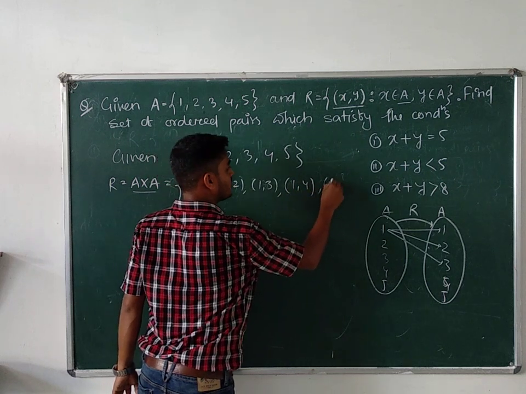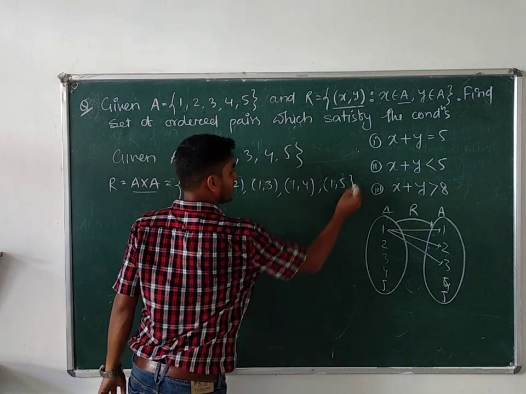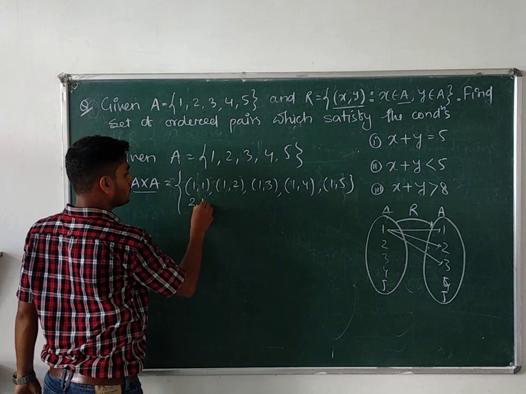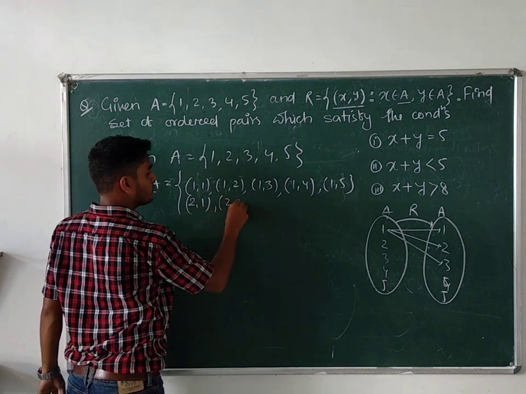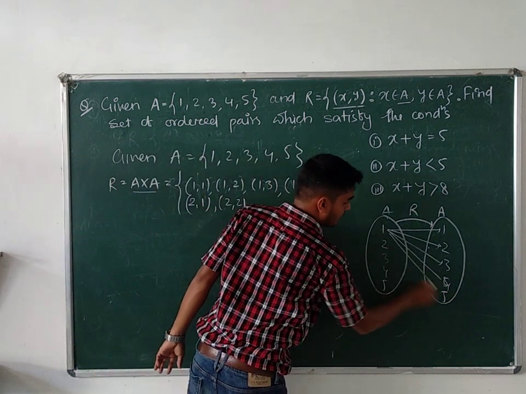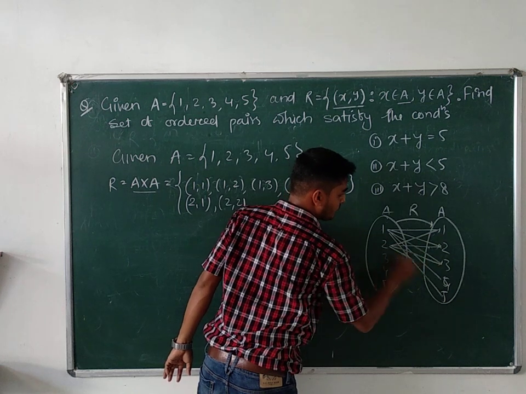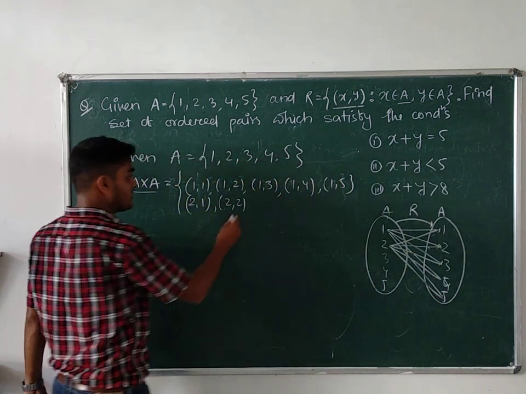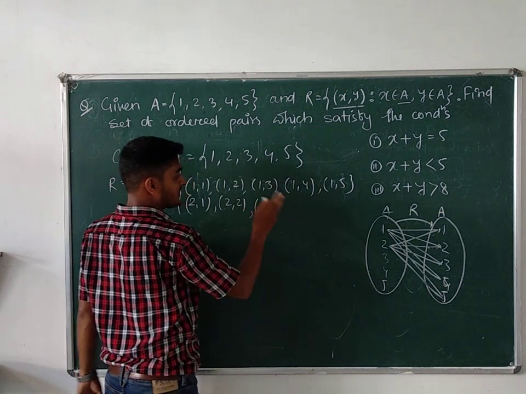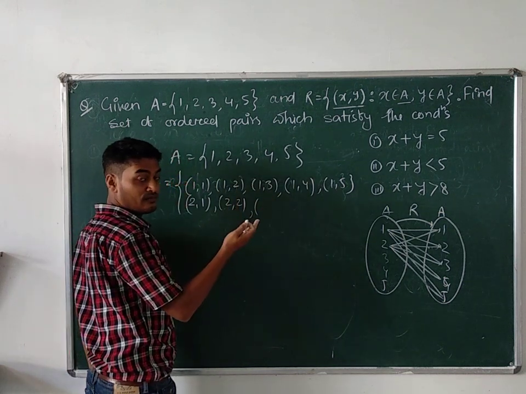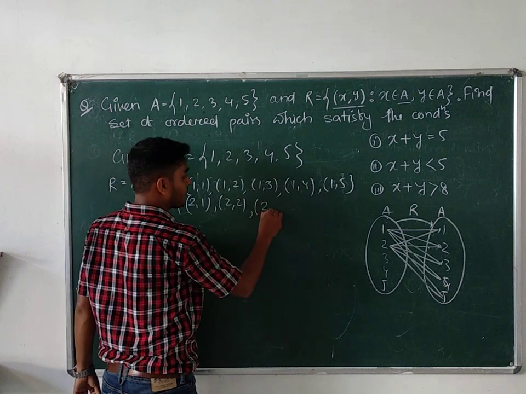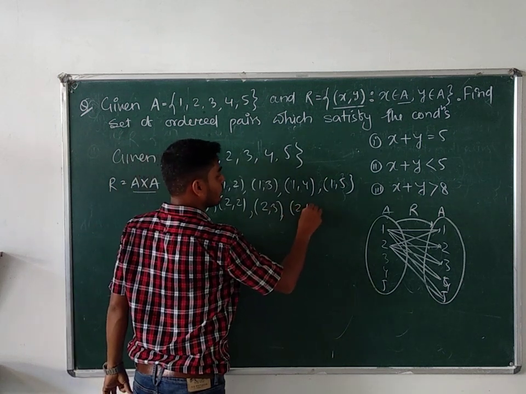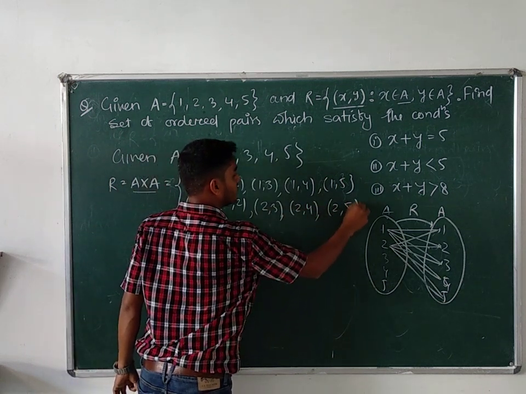1, 1 4, then 1 5, correct. Then 2 1, 2 2; this 2 will make pairs with 1 2 3 4 5. No restriction is given, so we can easily think about all the possible pairs, but remember the first element belongs to A as well as the second element also belongs to the set A. 2 3, 2 4, then 2 5.